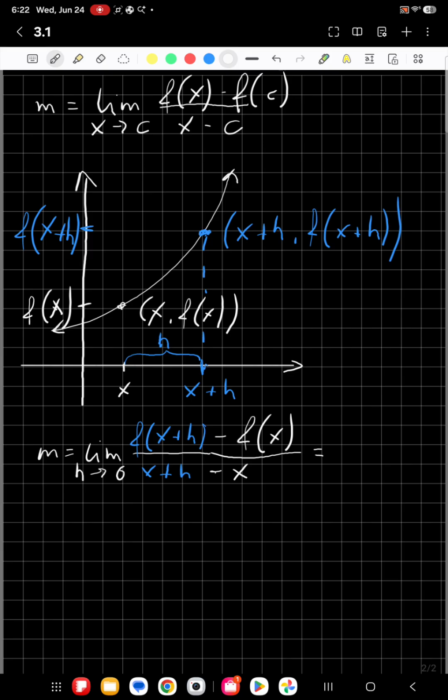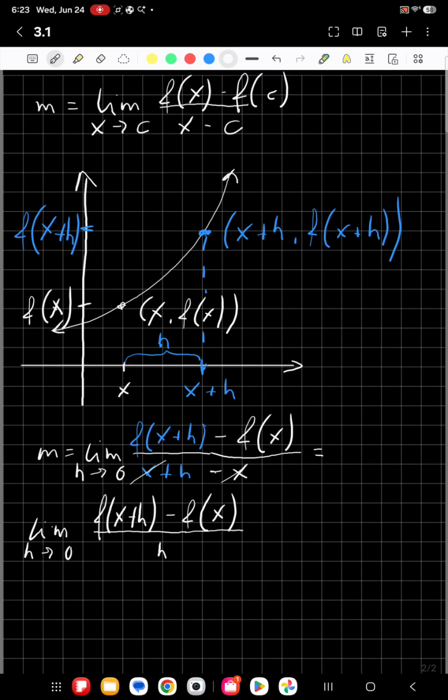So you see that these two will cancel out. The x is at the denominator. So it's going to be limit with h approaching 0, and then we'll have f of x plus h minus f of x divided by h.